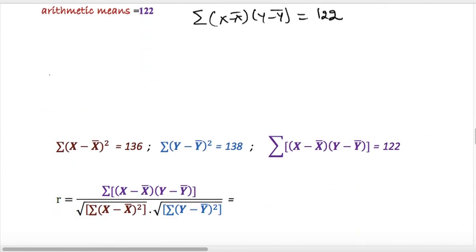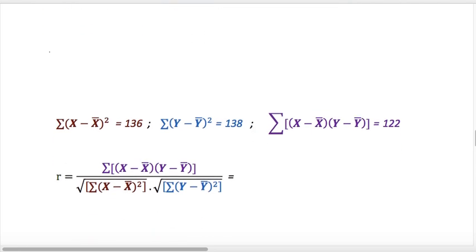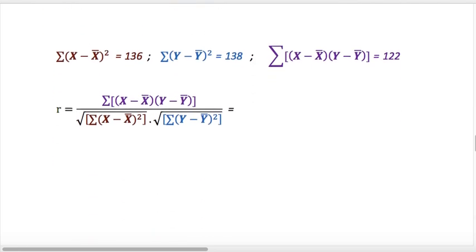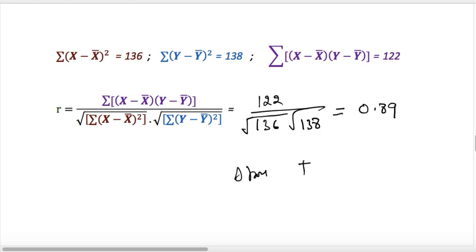The three values are given, so we just plug in the numerator 122, and divide by the square root of 136 times 138. After simplification, we can use the calculator and it gives us an answer of 0.89. It is also a strong positive correlation. So we got this example done.